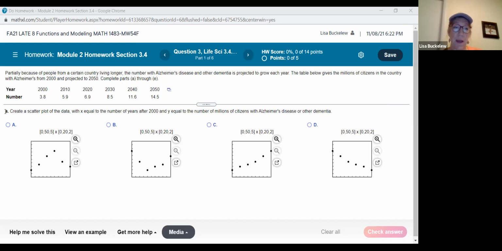However, when you look at part A, when they ask to start thinking about making a scatter plot of points about this data set, or later when it asks for the function value, you see this phrase, create a scatter plot of the data with X equal to the number of years after 2000. That is very important, because they're giving you the start year or the reference year that they want you to base all the X values on.